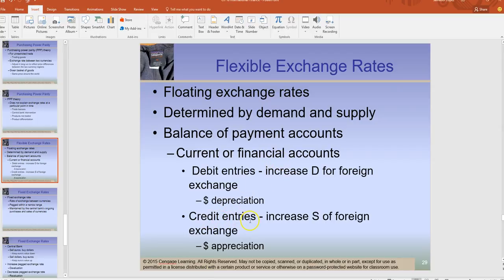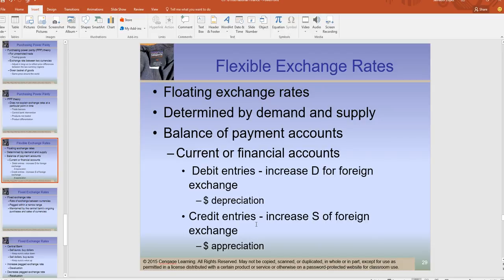Now in credit entries, the opposite occurs. Credit entries is when foreigners are buying our products, so we are exporting more. So in a credit entry, for example, we are selling an aircraft to France or to Italy.